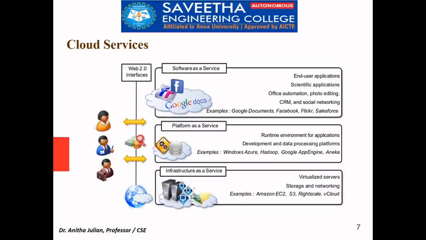And finally, software as a service: I already have the hardware, I already have the operating system, I need only my end user applications. Examples given are Google Documents, Facebook, Flickr, Salesforce. So any particular application alone, whatever I require, I am taking from the cloud service provider. So we will stop here and continue in the next lecture.